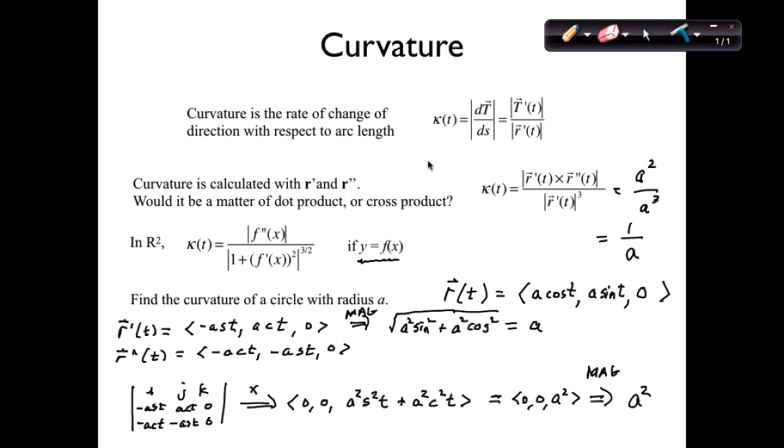So what does it tell us? Does it make sense that the curvature of a circle with radius a is 1 over a? Why does that make sense? The smaller the circle, how's the curvature of a small circle, high or low? Super high curvature, right? For a little distance, you're making a huge turn. So for a small circle, this number's going to be big. And for a really big circle, with a huge radius, curvature high or low? Very low.